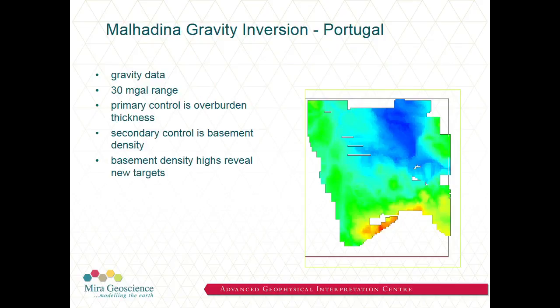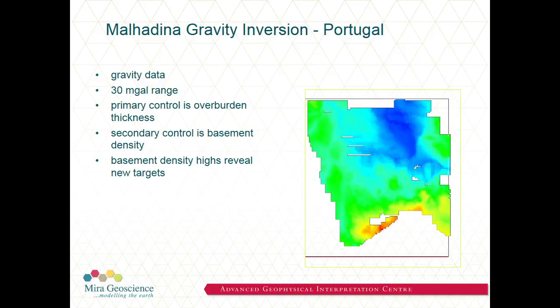My second example, also gravity. So this is the Maladina property. This is at the west, sort of near the western end of the Iberian Pyrite Belt. There's a basin with tertiary infill over the Paleozoics. And what we're looking at here is the gravity data. And there was outcrop on both the east and the west.